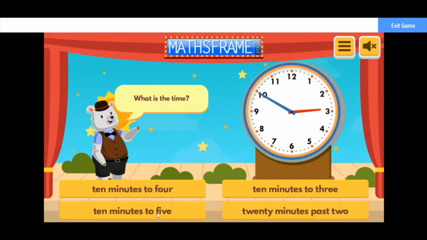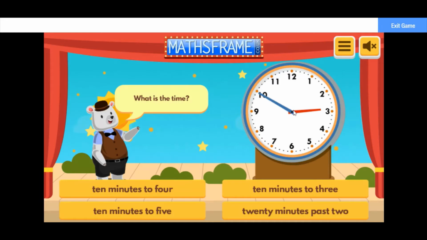Now there's 3 options there for 10 minutes to, so we need to work out the hour. Now if you have a look at the red hand, the smaller hour hand, it's not actually on the 3 yet. It's very close, but it hasn't reached the hour of 3. So it's actually in the hour of 2 still, but we are nearly at the hour of 3. That's where we're working towards.